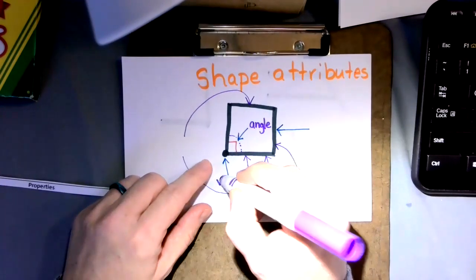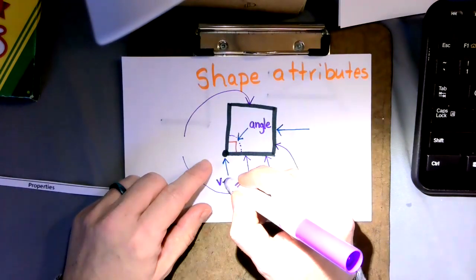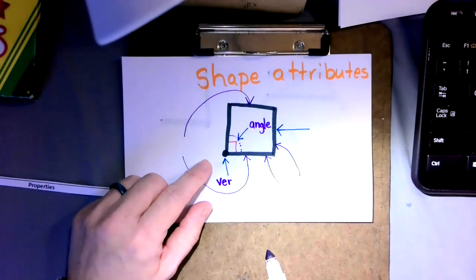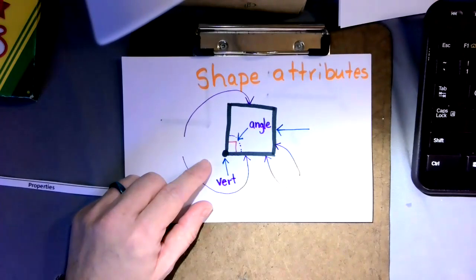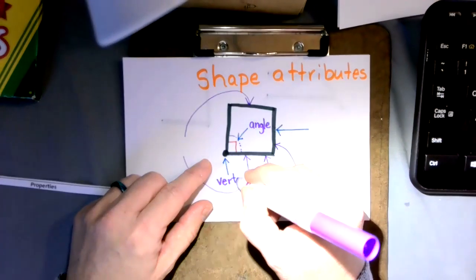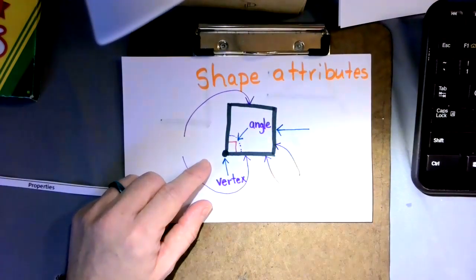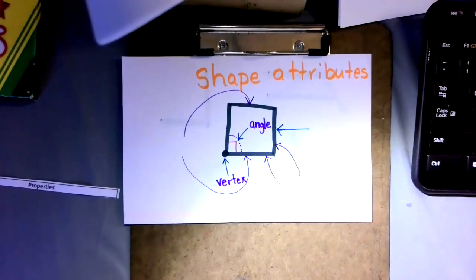It begins with the letter V. Vertice. It's vertices if it's more than one, but if it's just one, we say it's a vertex. It's a vertex for just one. It's vertices when we're talking about all of them, okay?